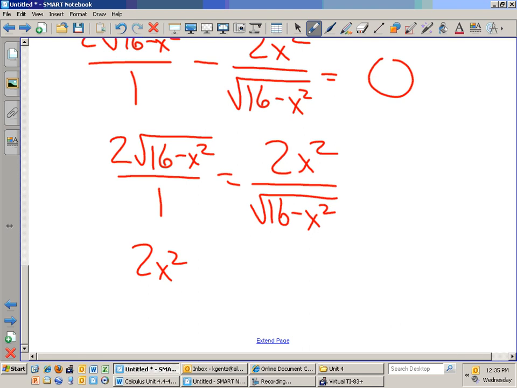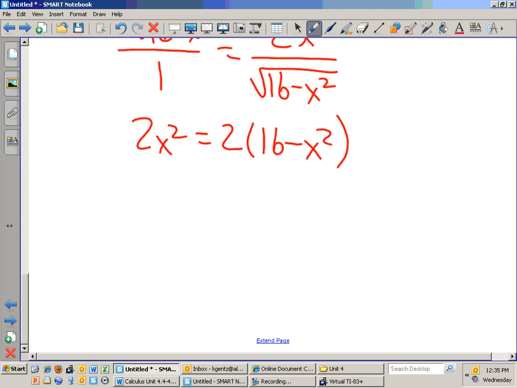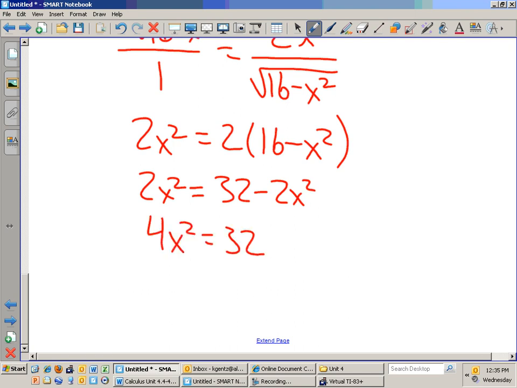So I get 2x squared on one side. And when I cross multiply, what happens to the square roots? They go away. I get 2 times 16 minus x squared. Well, that's not bad at all. 2x squared equals 32 minus 2x squared. Add my 2x squared to the other side, so 4x squared equals 32.